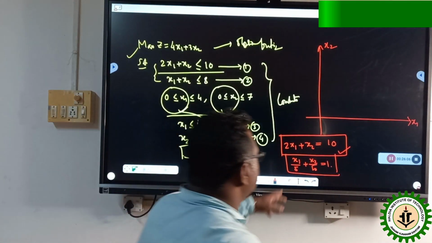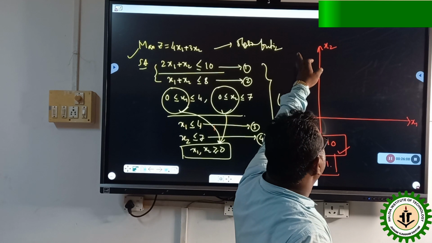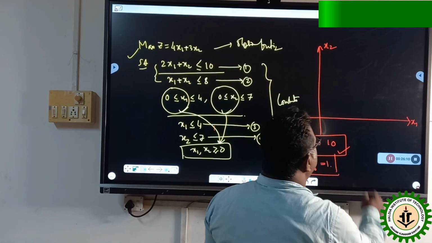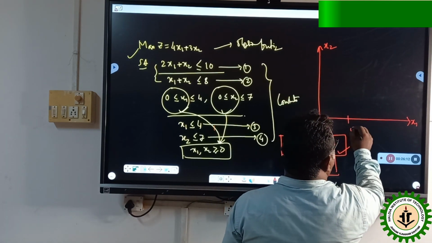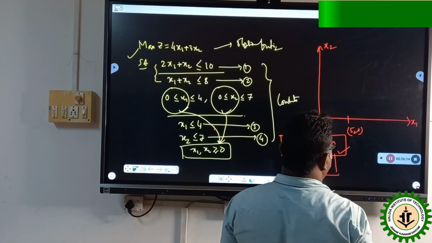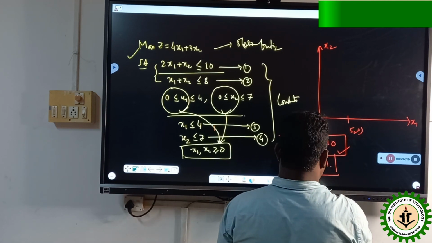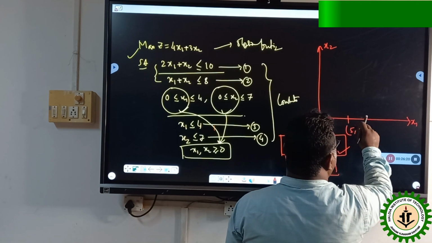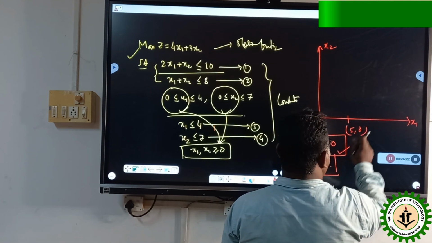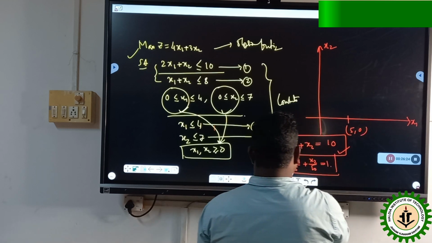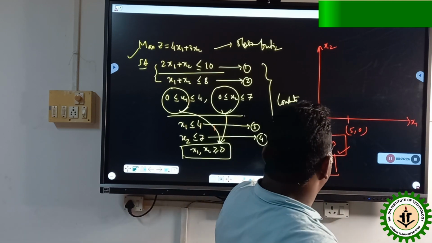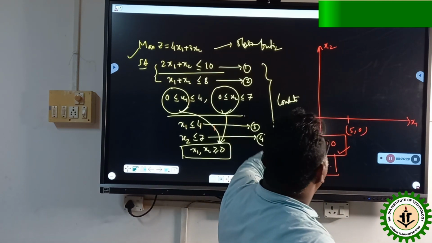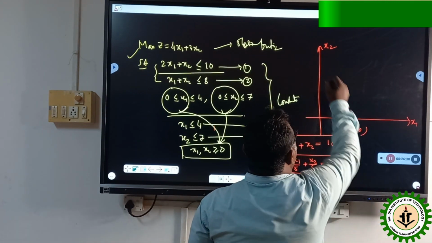So the line intersects the x1 axis at the point, say, 5, 0. The other is cutting the x2 axis at 0, 10.